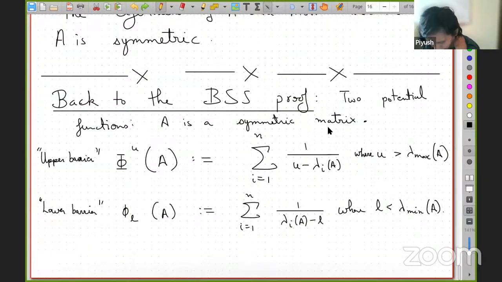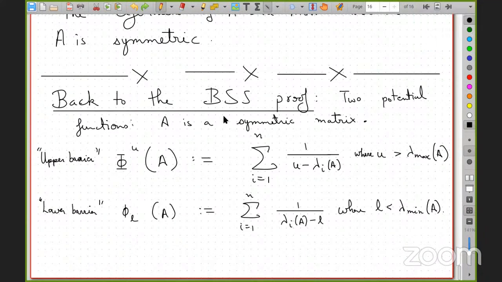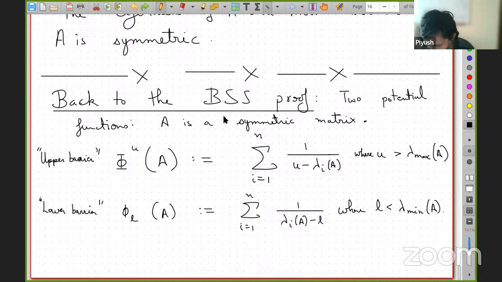The goal will be to start with some value of u and some value of l. Initially M is 0, so it's a fixed matrix, and it's easy to choose some u and l which have this property, and then keep adding vectors while also changing the value of u. In each iteration, the value of u will increase by a constant, and l will also increase by a constant. So both l and u will keep moving up while having both these properties. So the general strategy is this.